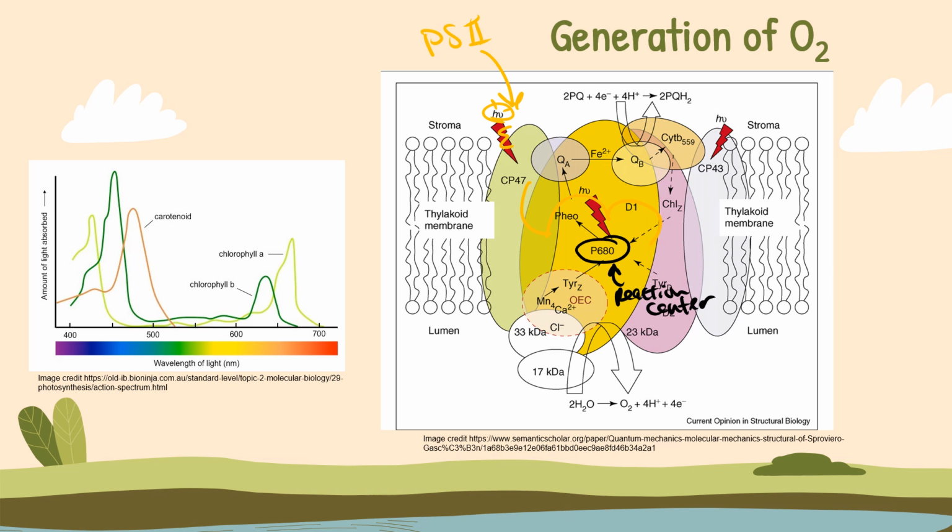We call them P680 because their peak absorbance, the wavelength of light that they best absorb, happens to have a wavelength of 680 nanometers. So this guy is P680 because that's the wavelength of light, electromagnetic spectrum energy, that they best absorb, that they get most excited by.